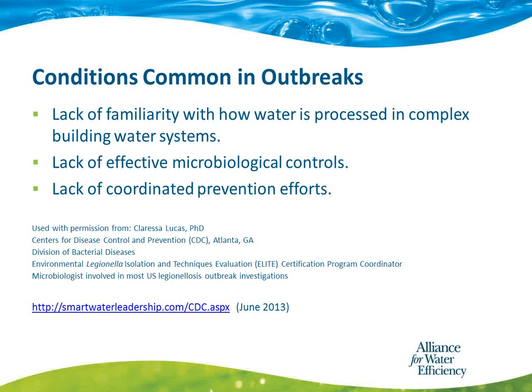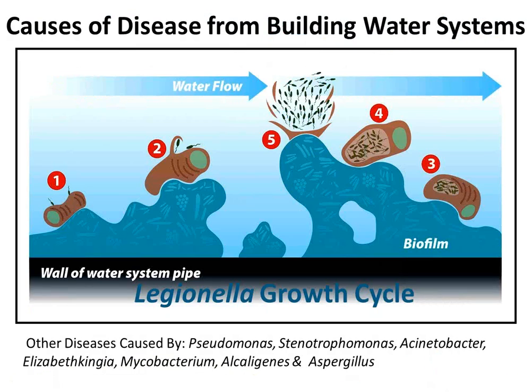I want to show you that this is a significant problem. And here's a kind of, I'll call it a cartoon to illustrate what happens. It's a diagrammatic representation of what happens on the surface of the water system pipe. And you can see that on the graphic.